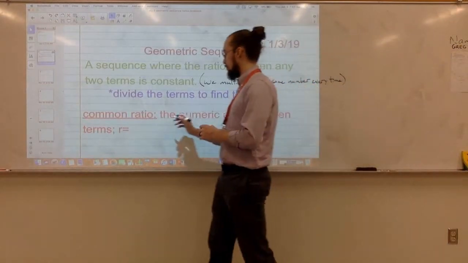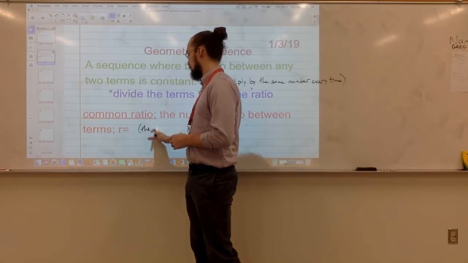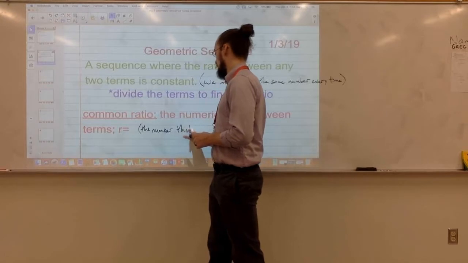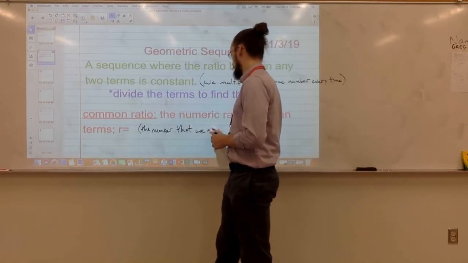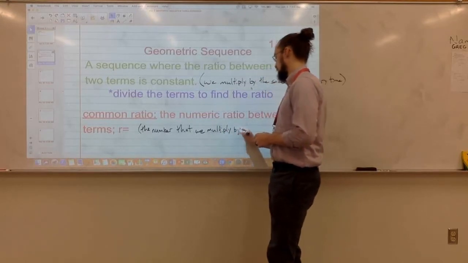You could put this in parentheses again: the common ratio is the number that we multiply by.